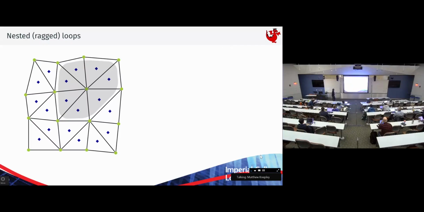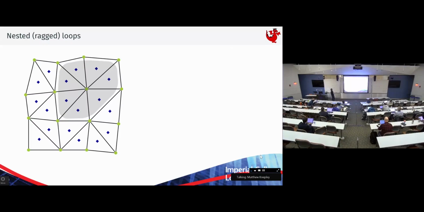So what I've got here is an example that you might have in a sort of slope limiter type algorithm. So what I want to do, the loop expression I'm trying to express is I want to loop over every vertex in the mesh, and then for each vertex, I'm going to look at all the cells around it and do things with them.